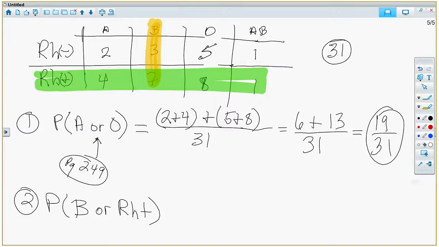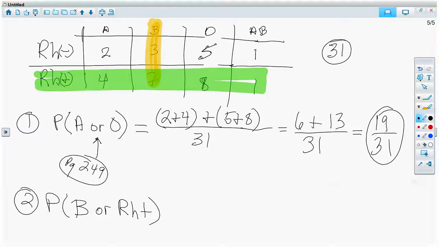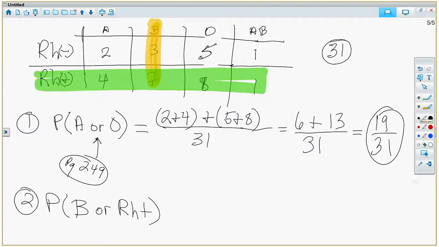Okay, do that one right quick. So the denominator is what? 31?